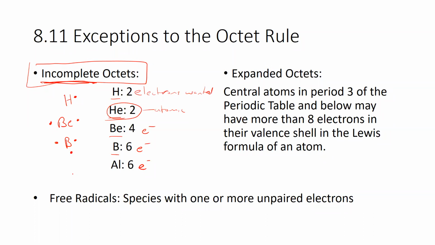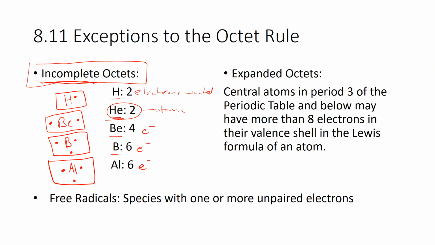That will change later on when you get into 102 and you start looking at a certain type of bonding called coordinate covalent bonding, but for now we're going to stick with this. Then we have aluminum, which also has 1, 2, 3 valence electrons. So that's the key here: the number of valence electrons is going to dictate whether it'll have its octet or not in many, many cases, okay?